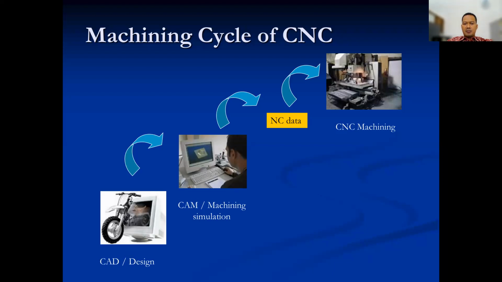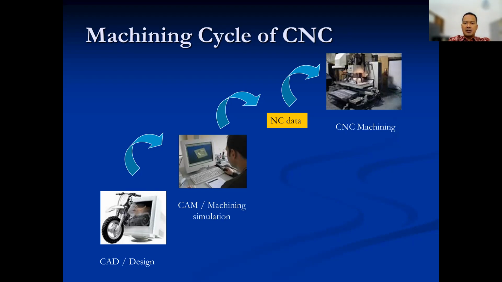If there is a mistake or violation, for example between the tools and the part, or a component such as the machine or table, you can modify your data or your manufacturing parameters, then continue the simulation until there is no error or mistake. And then you can continue to generate NC data.